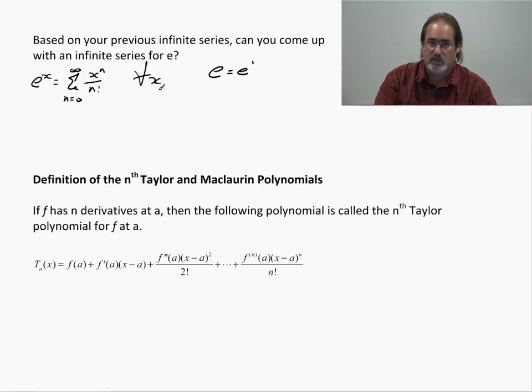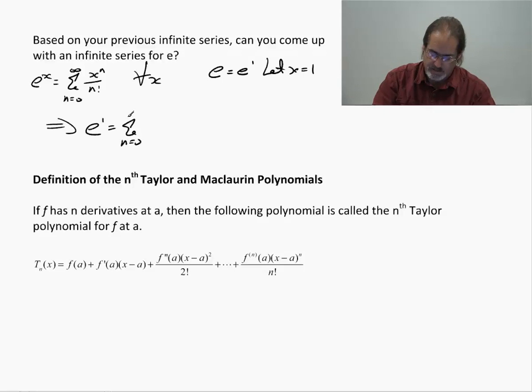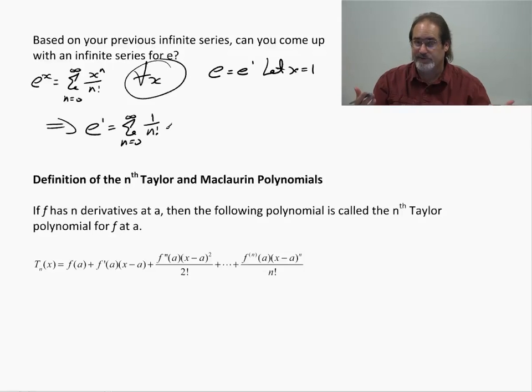So if I make x equal 1, that will give me that e to the first, or just e, is equal to the sum, n equals 0 to infinity of 1 over n factorial, because we said it converged for all x, and 1 falls under the category of all x.